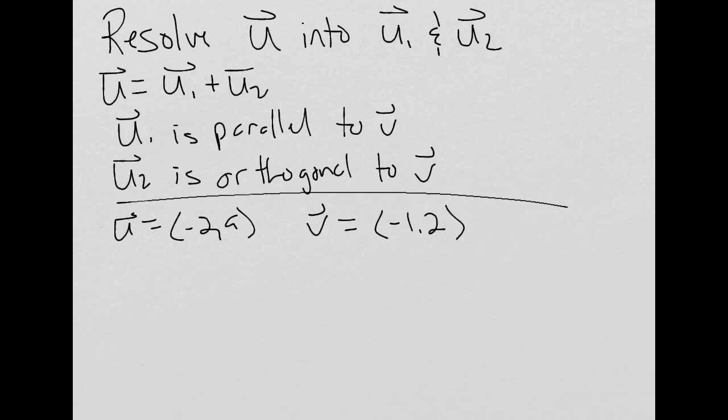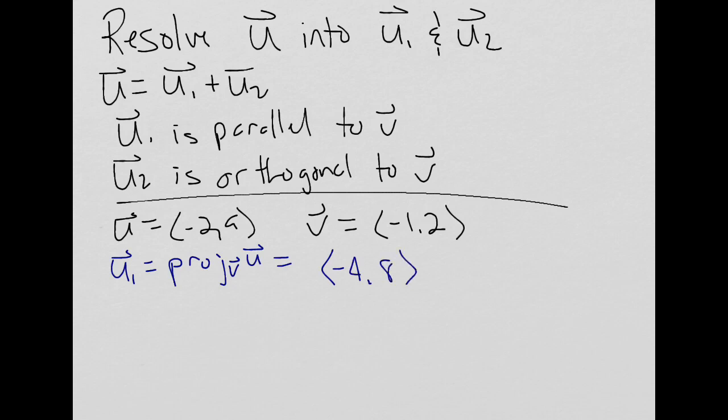Now, u1 has got to be parallel to v, so that's just going to end up being the projection. u1 is the projection onto v of u, and we calculated that on the last slide as negative 4, 8.